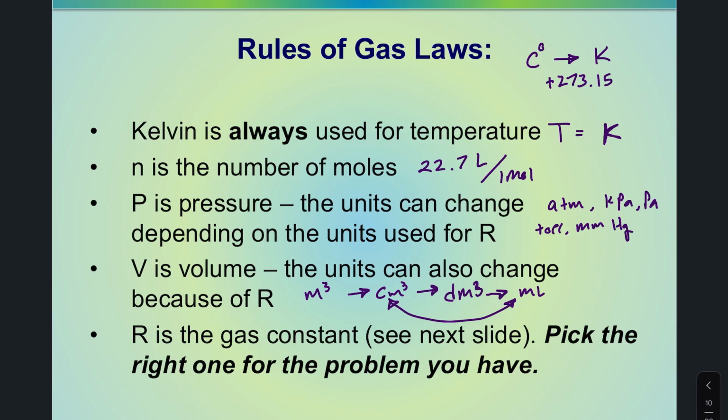And then we have R, the gas constant. This is the one that affects volume and pressure. Depending on the gas constant that you pick, this is what determines what your units are in the end. You can always convert out of those units, but that's what it's going to be to begin with.